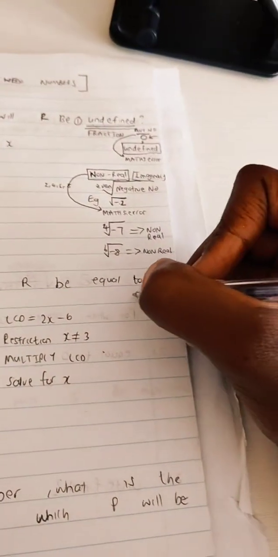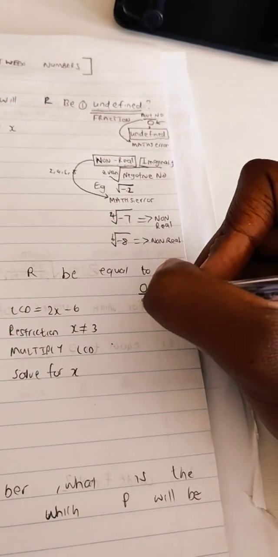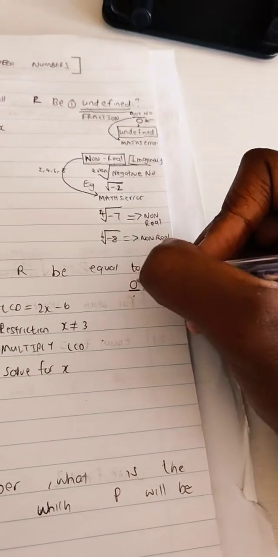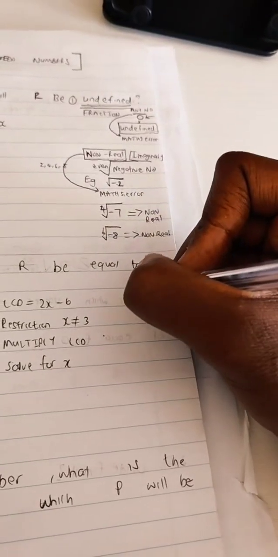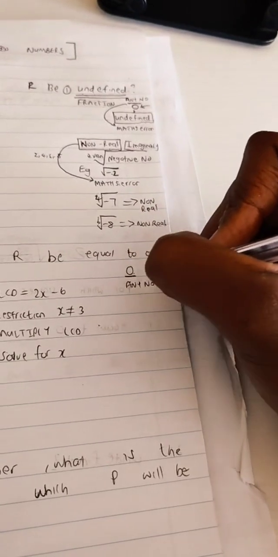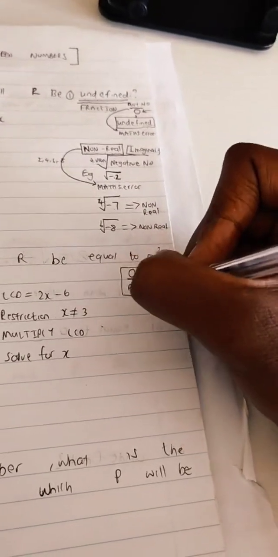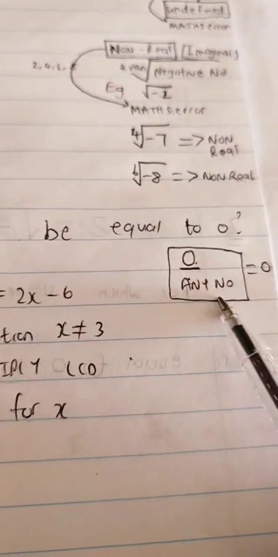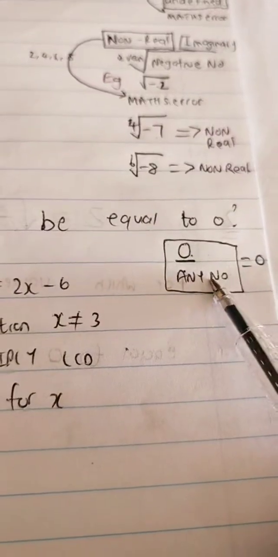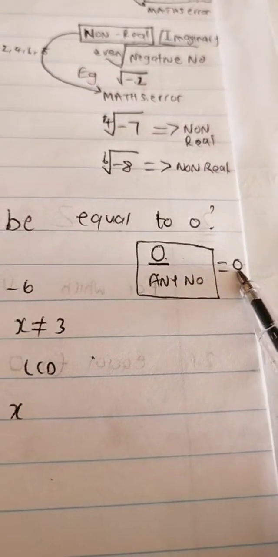Because the concept is that when 0 is divided by any number, that's how we are able to get a 0.